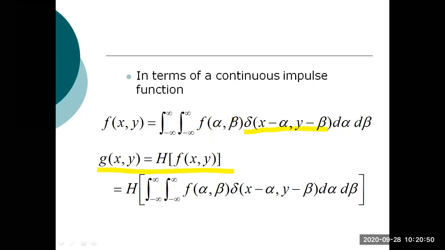Previously we directly operated, but if the image is decomposed into impulses, how does it happen? Just multiply the delta function, that is the impulse function, with your two-dimensional image f of x comma y. Then H operates again. So see what happens: H of, simply substitute the above expression instead of this f of x comma y.